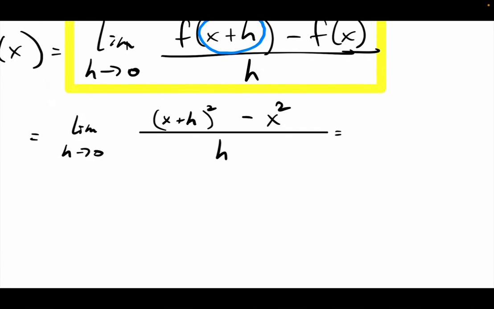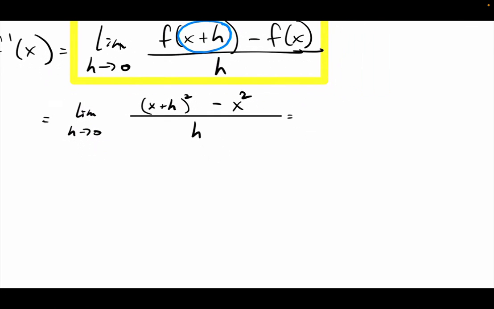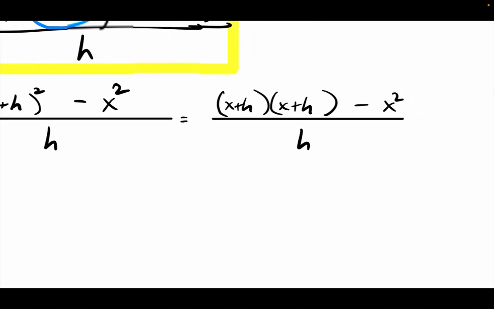Second step, simplify. Let's multiply this guy, because this guy means x plus h times itself, right? That's what squared means. So we've got to simplify. Depends how you're comfortable doing that.